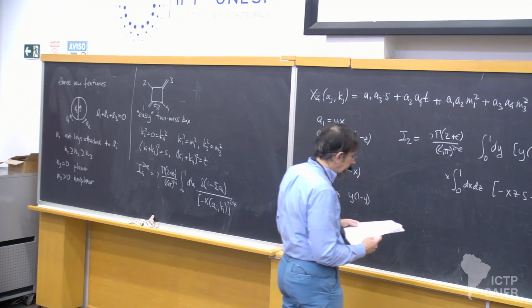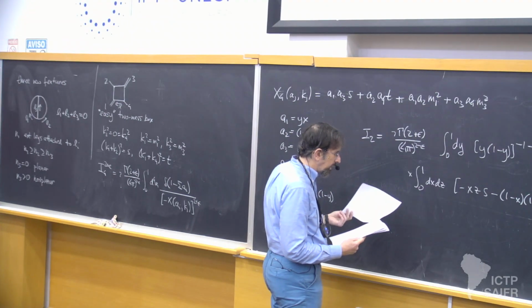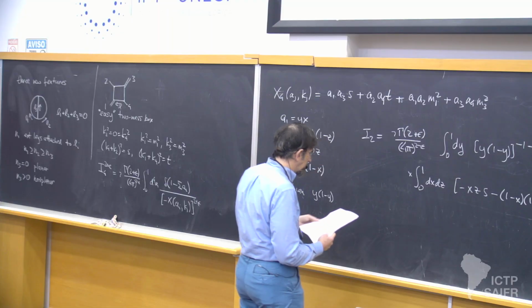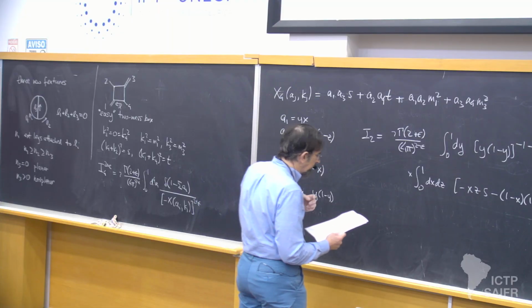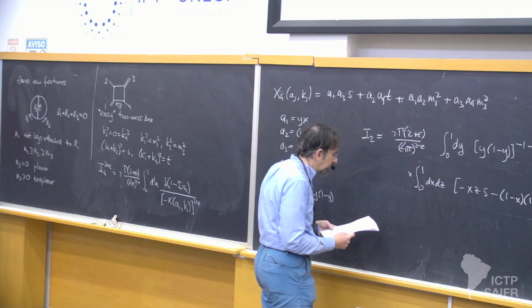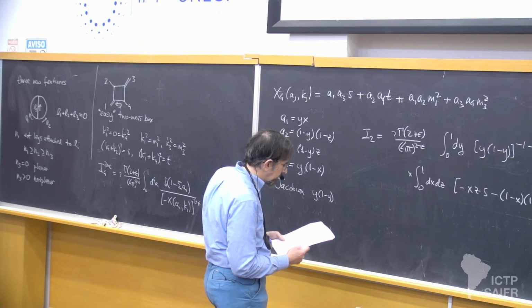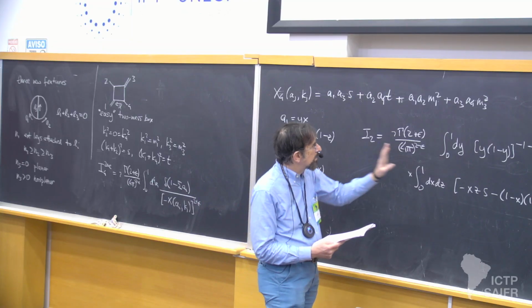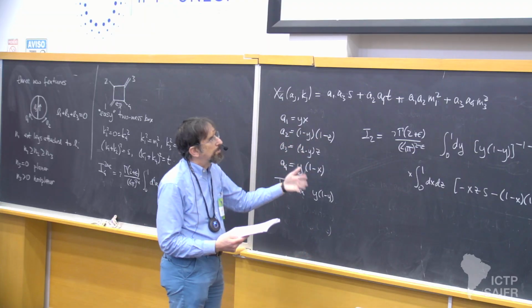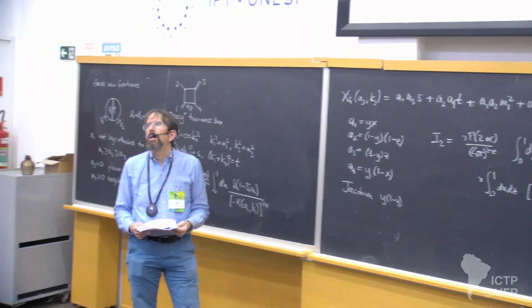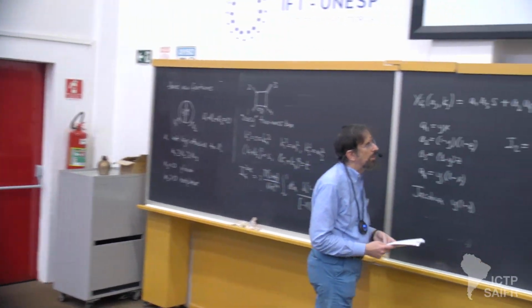So again, this integral can be evaluated exactly, but I'm not going to go through that. It's more useful to do it up to the required order in epsilon, which is epsilon to the 0.